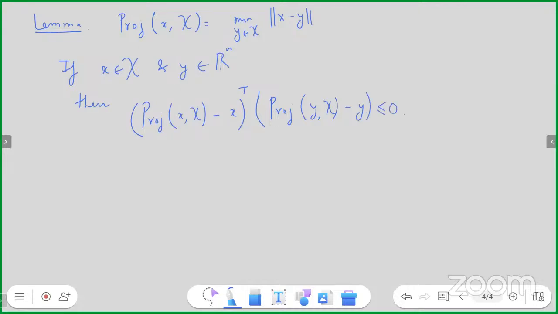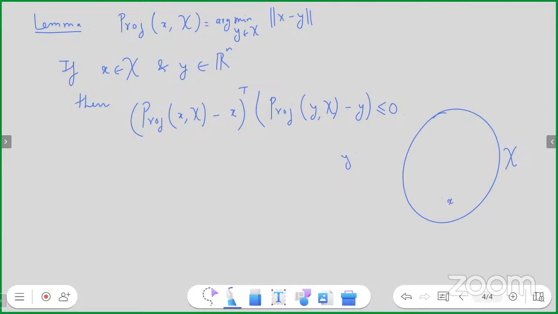Does everybody see why this is true? Make a picture. So think of this as chi. Y is some point outside, let's say. X belongs to chi.